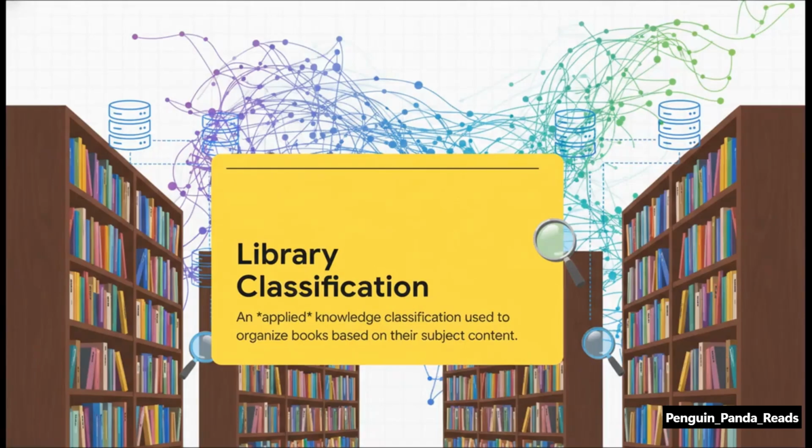And then you have library classification. This is where the rubber really meets the road. It takes that huge abstract map of knowledge and uses it for a very practical purpose, arranging actual physical books on shelves and digital files in databases so that people can actually find them. It's theory put into practice.